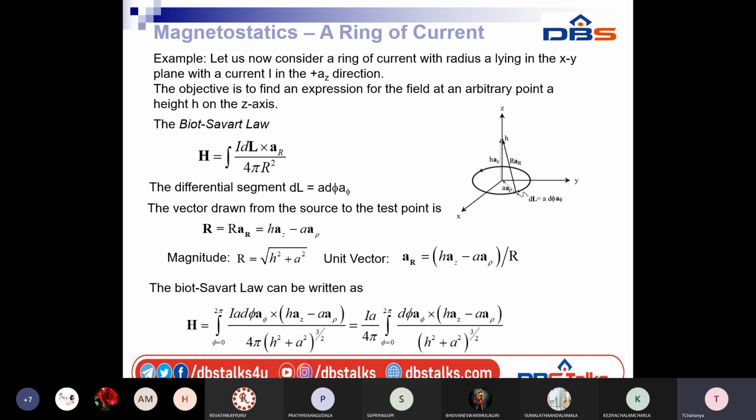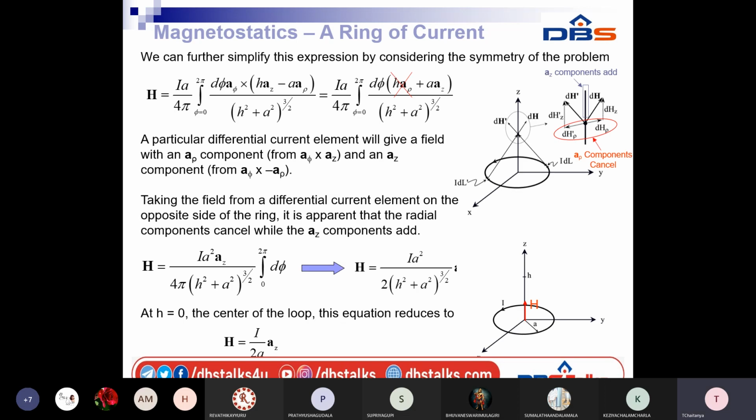Now these conditions are substituted in the Biot-Savart law. It becomes I a by 4 pi as a constant, with the integral of phi from 0 to 2 pi, and the 2 pi also cancels. The integrand is d phi a rho, h az minus rho a rho, by h square plus a square whole power 3 by 2.